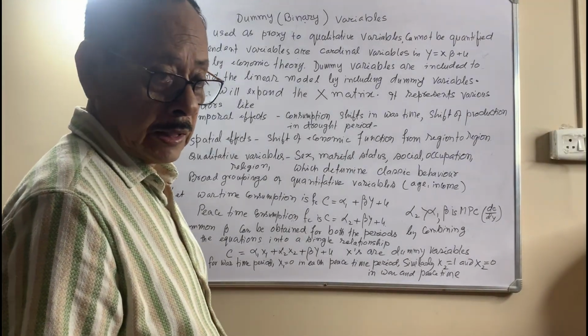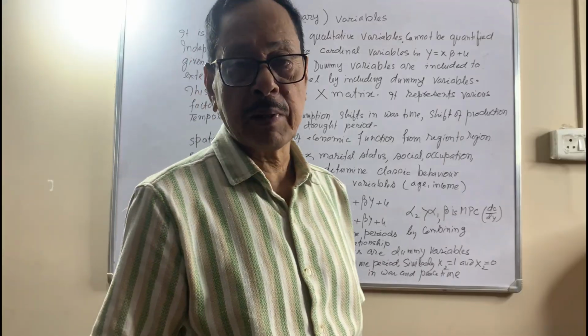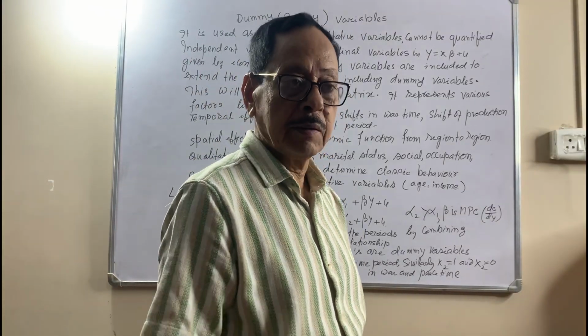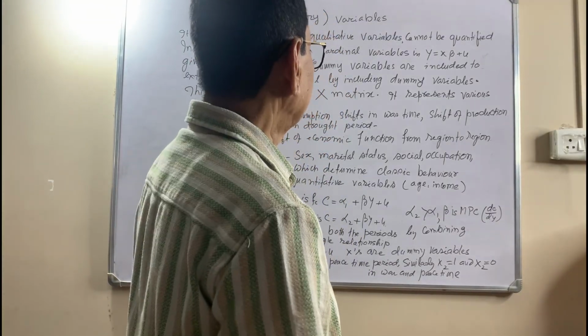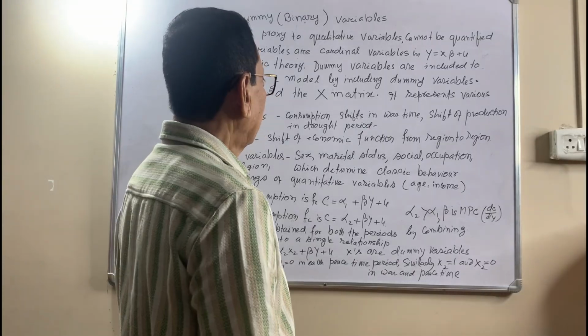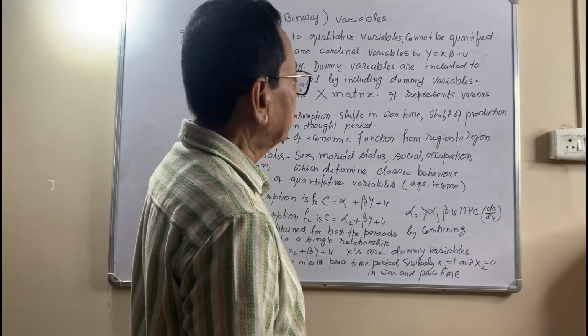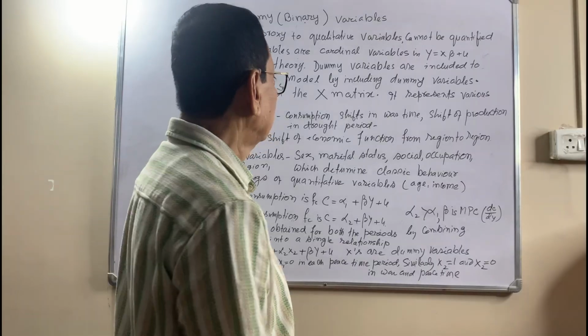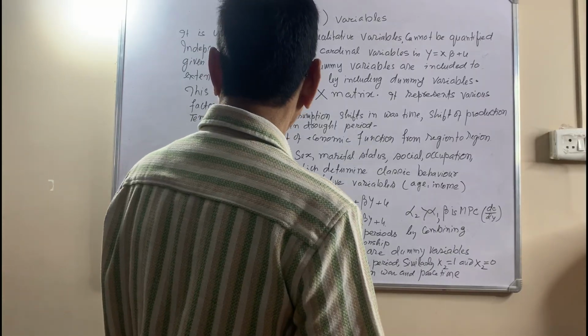So this will expand the X matrix, because we have already come across the X matrix in linear algebra, and when we add dummy variables, it will expand the X matrix.